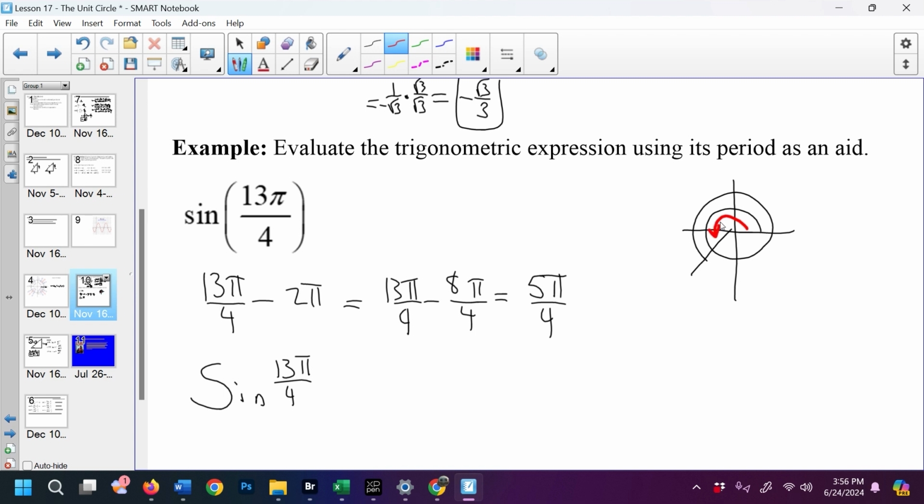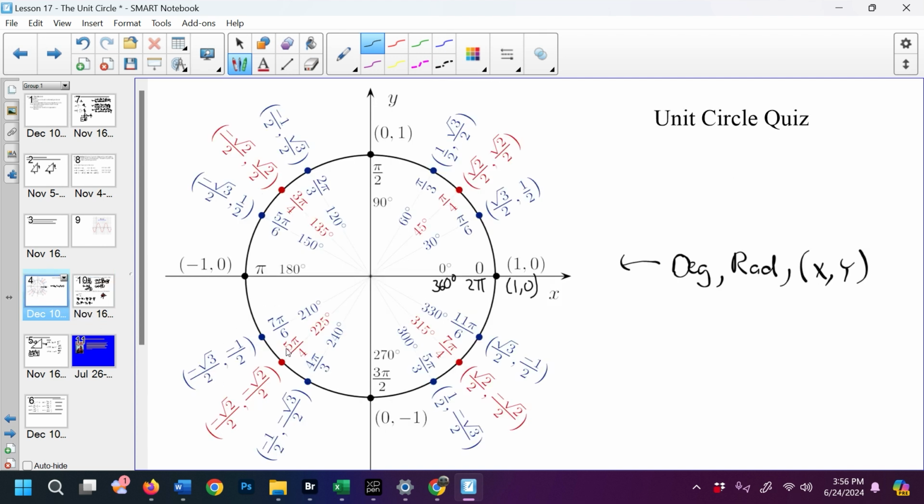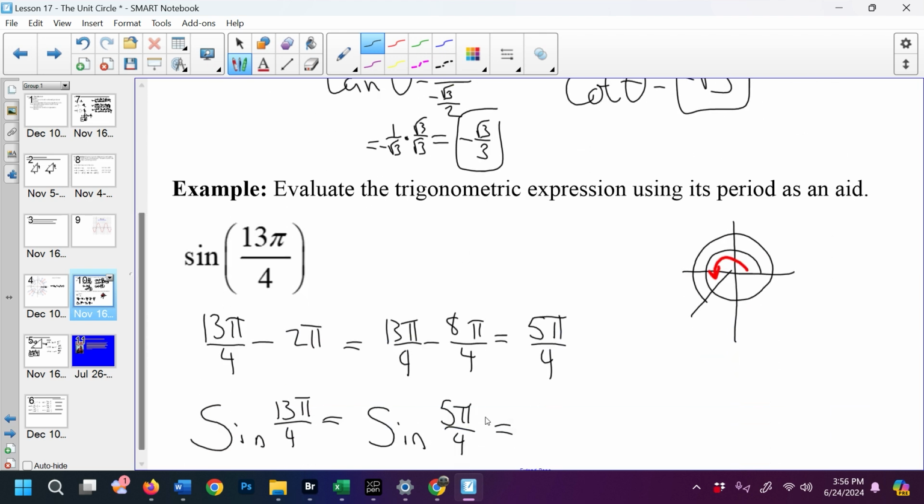So it is equal to the sine of 5 pi over 4. And here, since this is on the unit circle, it says find the y value at 5 pi over 4. I go to 5 pi over 4 on the unit circle, and I see that that is negative square root of 2 over 2. That doesn't reduce. So this final answer is negative square root of 2 over 2.